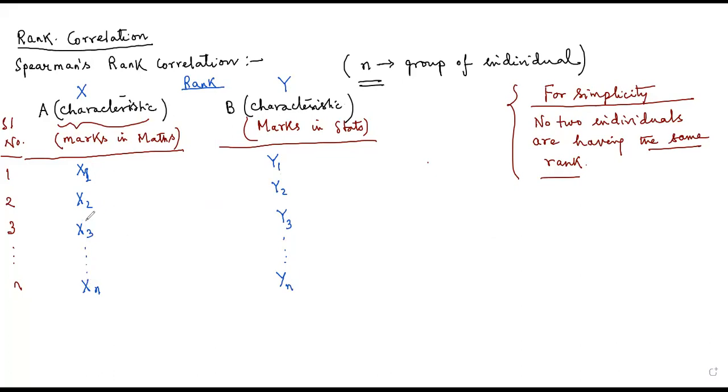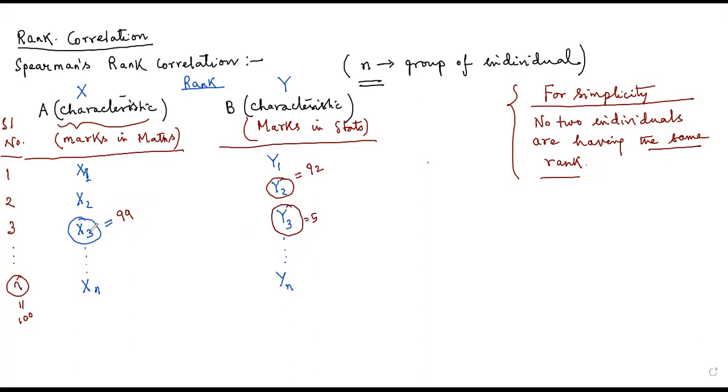So what is this X3? This X3 can be any number from the first n natural numbers. Suppose my small n is 100, then this X3 can be 99, this Y2 can be 92, this Y3 can be 5, anything.